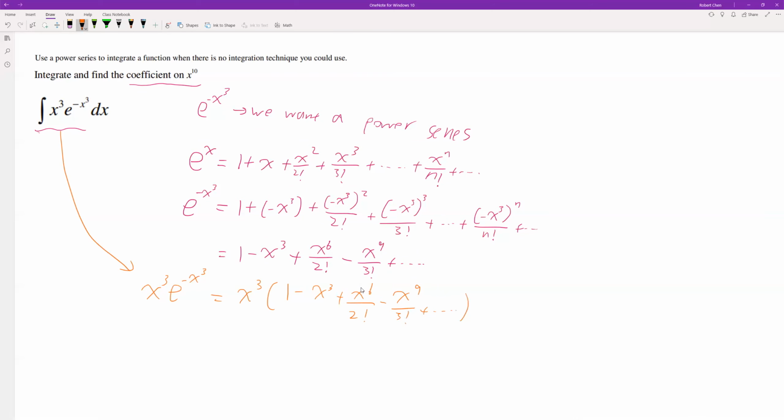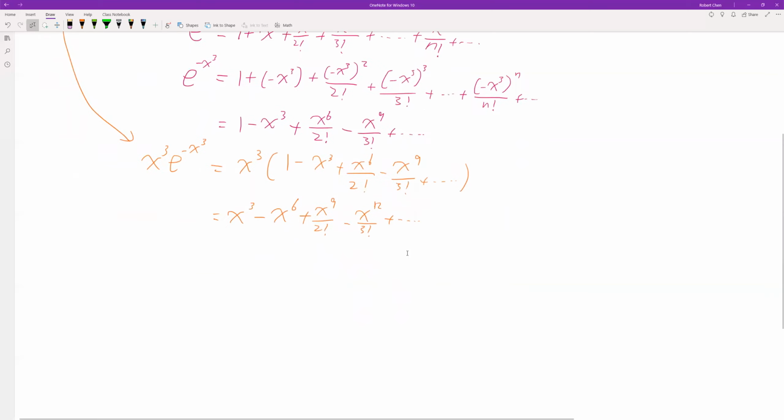Let's distribute that x cubed in there. I get x cubed minus x to the 6 plus x to the 9th over 2 factorial minus x to the 12 over 3 factorial and so on.